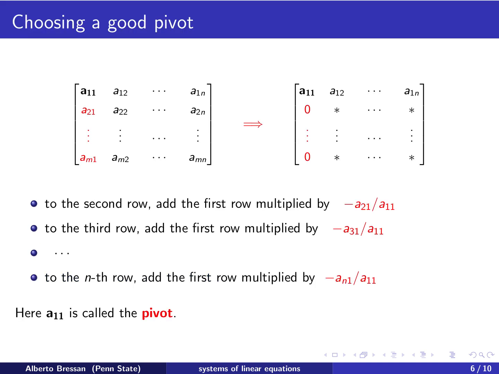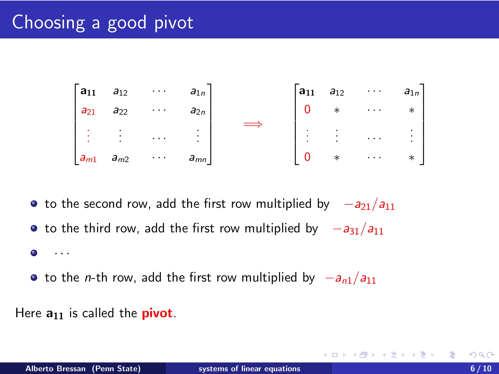Now let's talk about the topic of choosing a good pivot. So let's recall the Gaussian elimination steps. To treat column number 1, what we did was we multiply the first row by A21 over A11 and then add it on top of the second one.